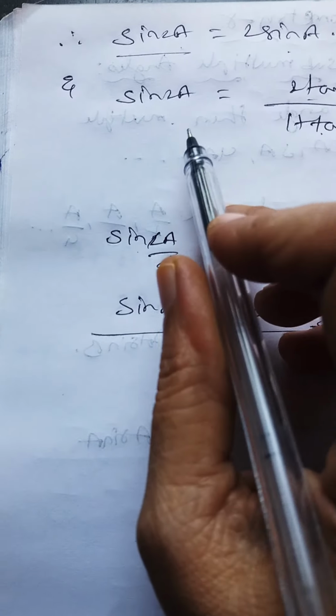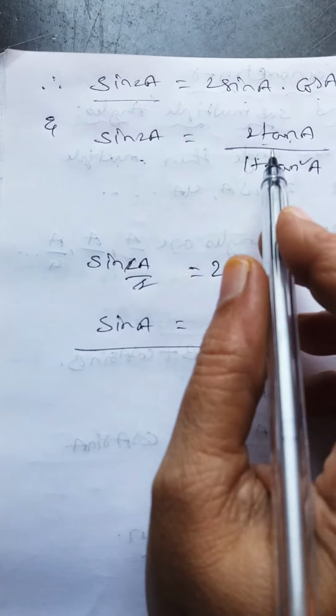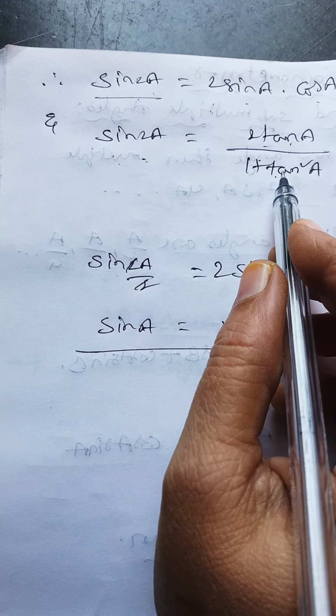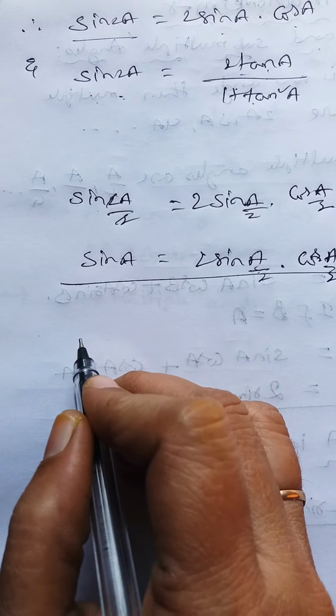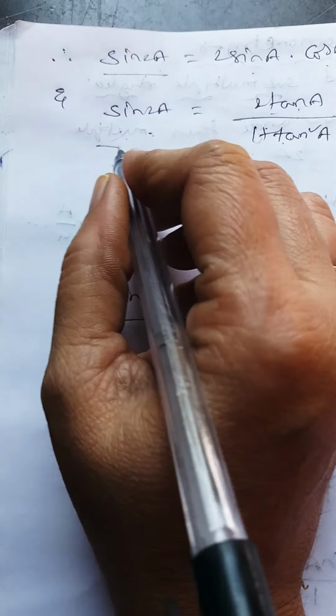And you observe the tan value. Sin 2A is 2 tan A divided by 1 plus tan square A. So, divide angles by 2.